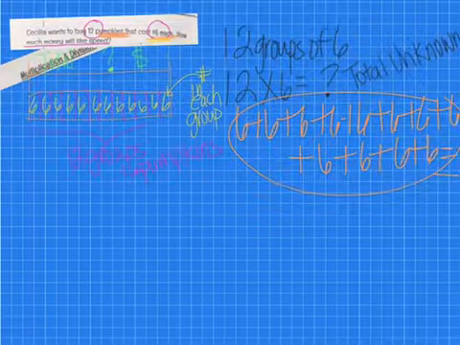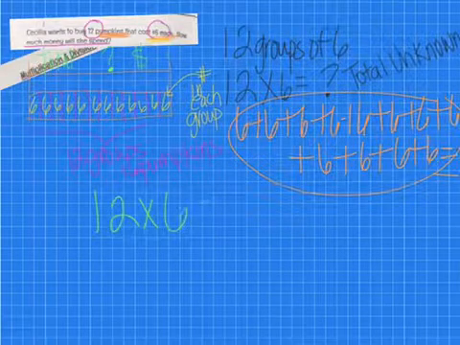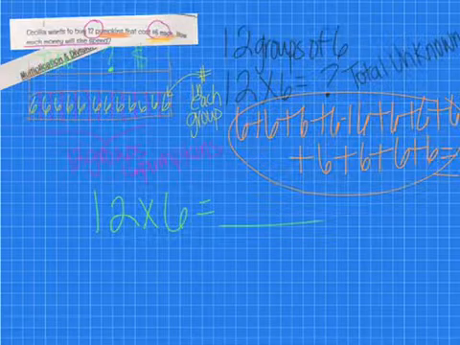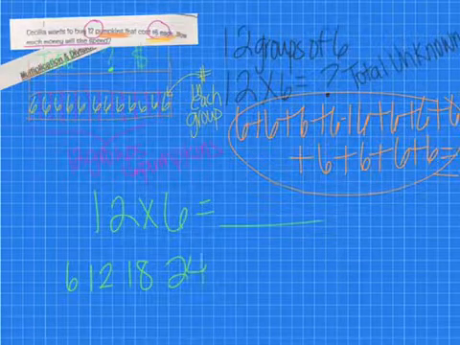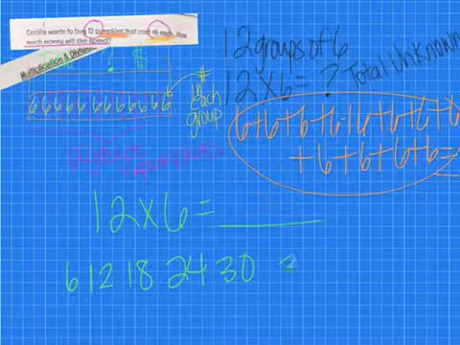So looking at it, I know that I have 12 times 6. So I can skip count by 6's. 6, 12, 18. Let's write out our 6's.